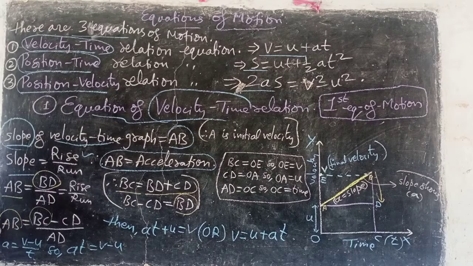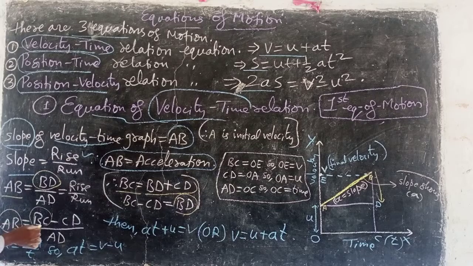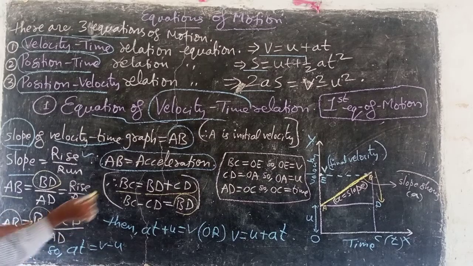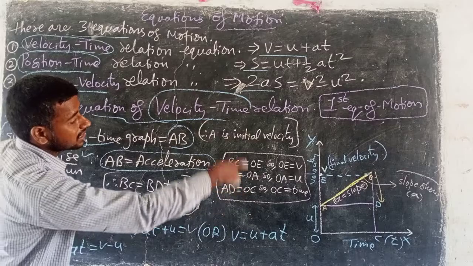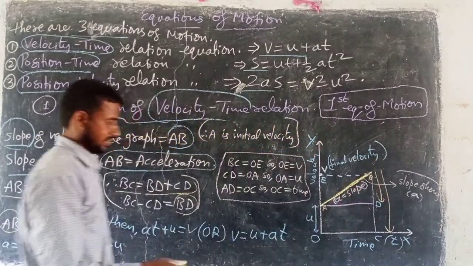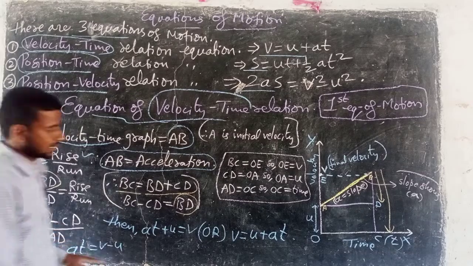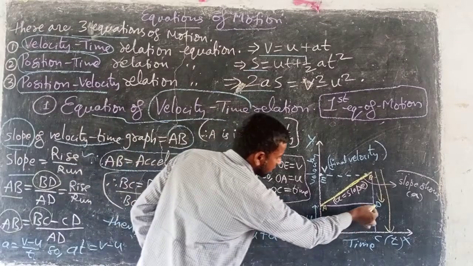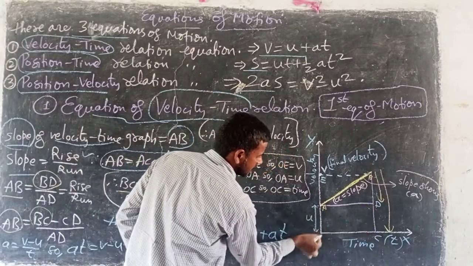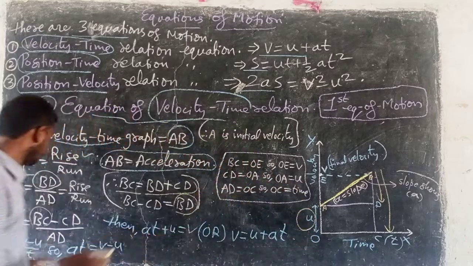Actually, what is the AB slope showing us? Acceleration, a. And what is BC showing us? Final velocity, v. And CD? CD is parallel to AO, and AO is equal to the initial velocity u.